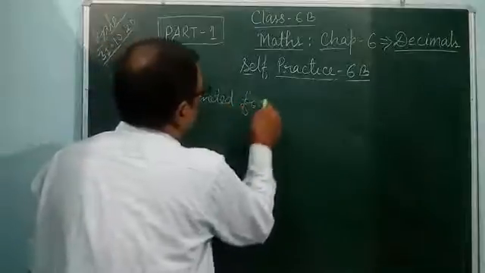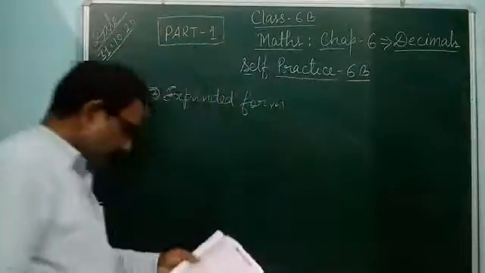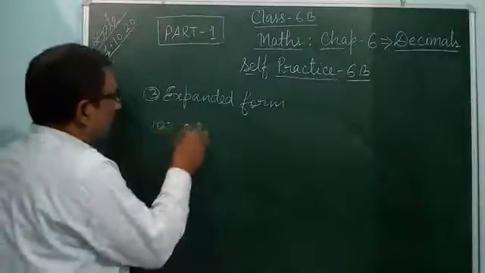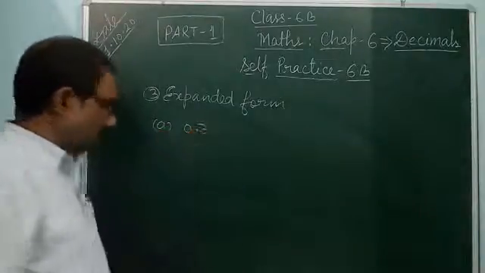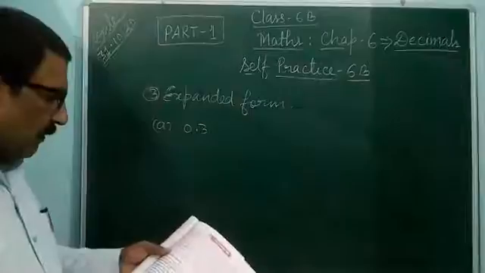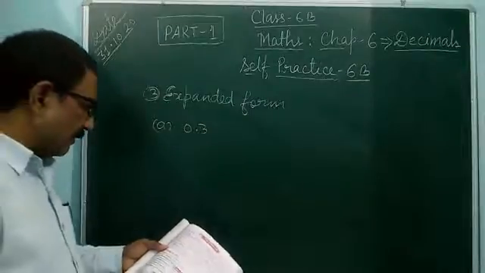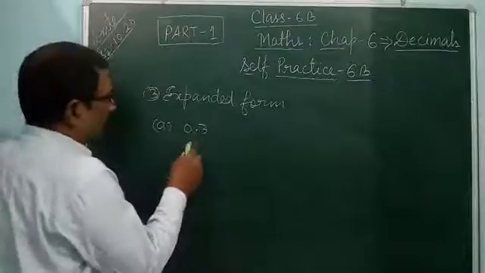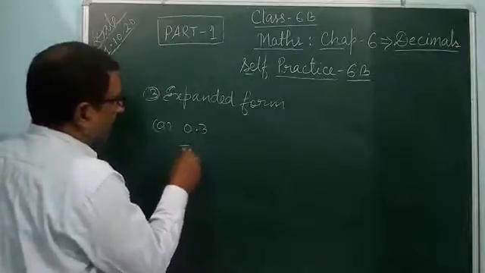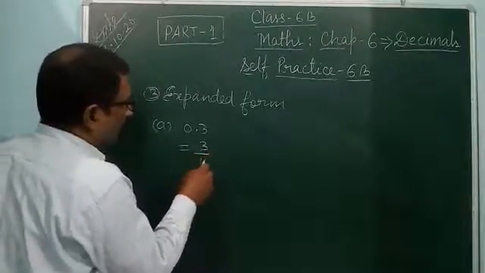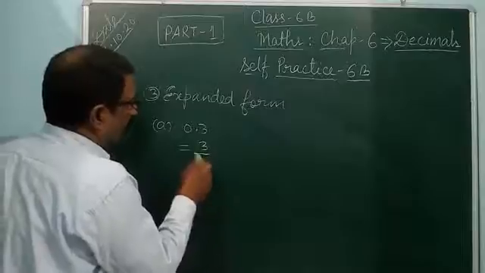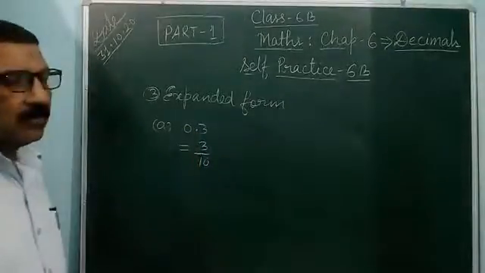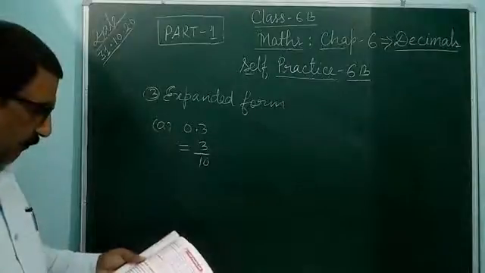Expanded form. 3A: 0.3. 0.3 means how can you expand this? Only one digit there. So 0.3 means 3 by 10, because this is 3 tenths. So you can write 3 by 10 only.